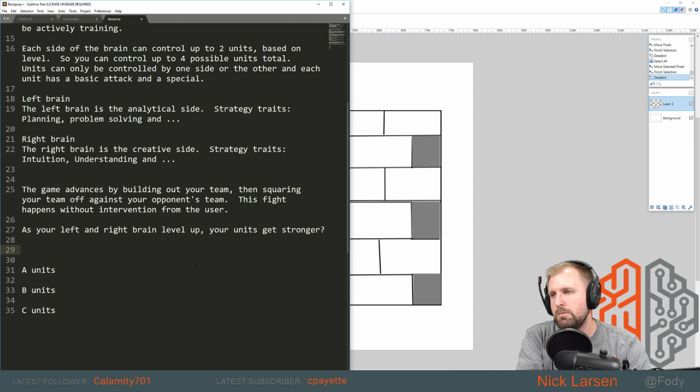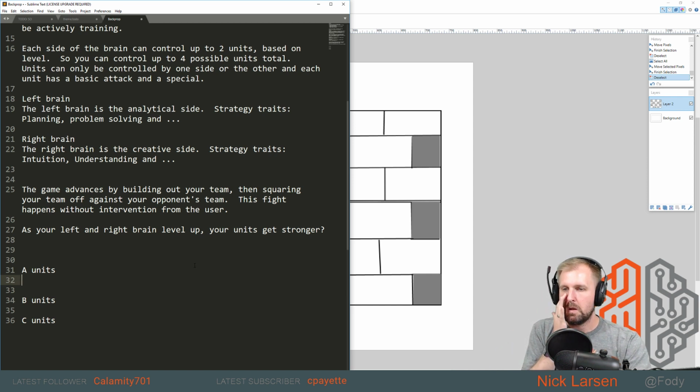Why do we keep thinking of units get stronger? A units, B units, C units. You can buy units.